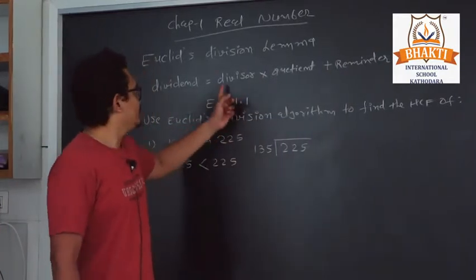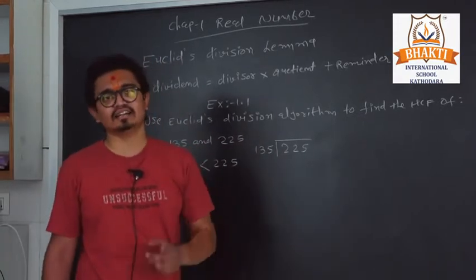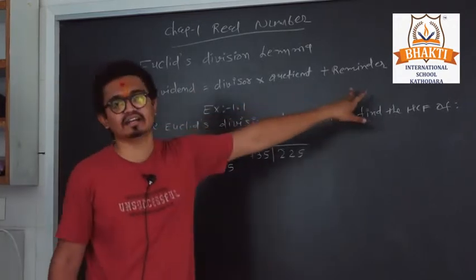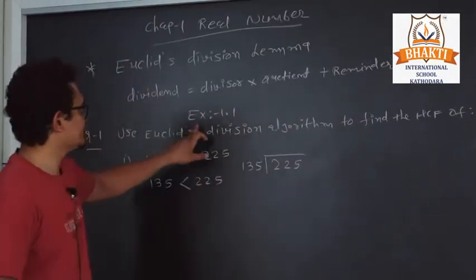So we can take one example, from which you can easily get the idea of how to use that formula. For that we take one example from our exercise number 1.1.